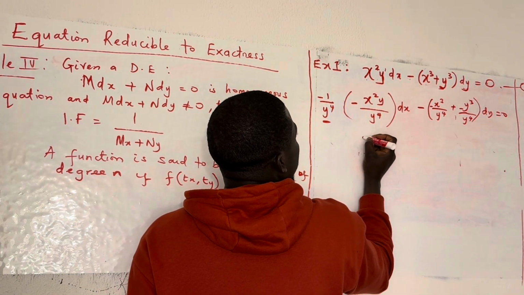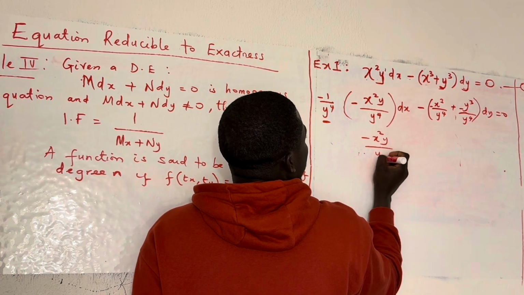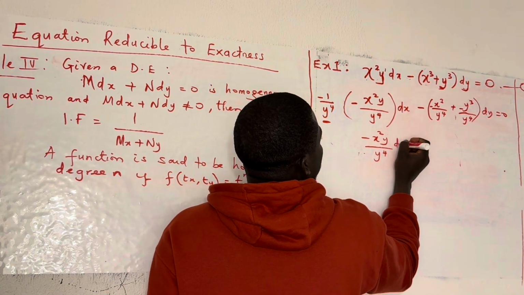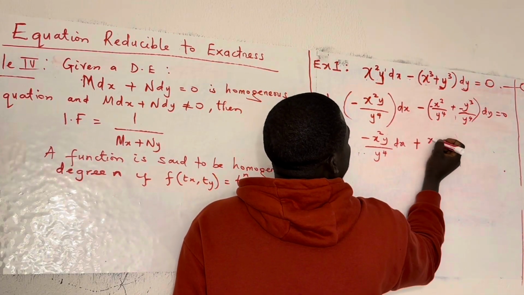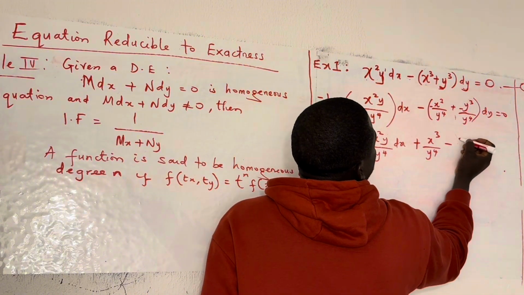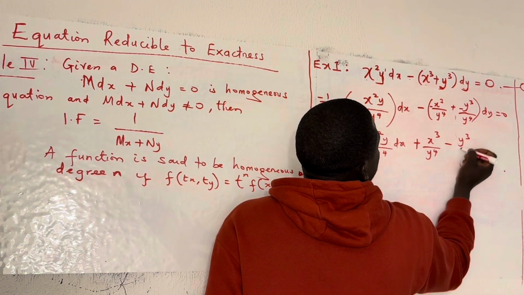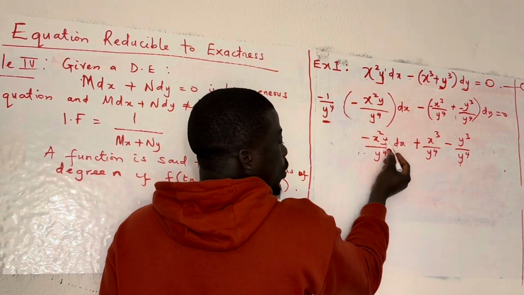So minus x squared y over y raised to power 4 the dx. So this will be plus x cubed over y to the 4, minus y cubed over y raised to power 4. So one of this y we cancel.